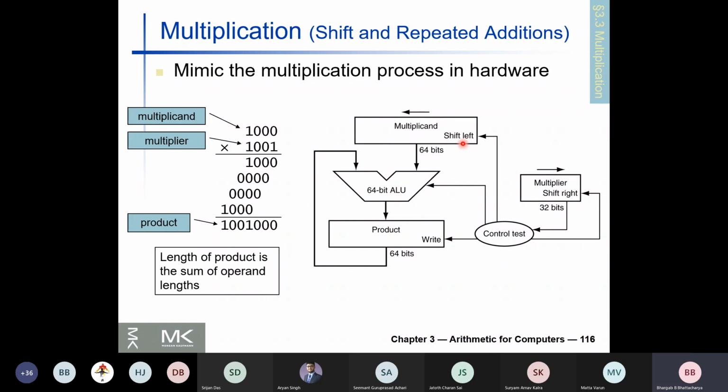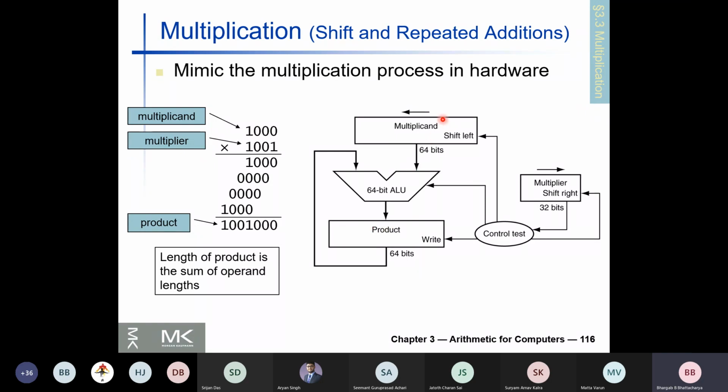So first of all, let me ask you, why do you need this? Why is this multiplicand 64-bit wide? Because we have assumed that both multiplicand and multiplier are 32-bit. So why is this 64-bit wide? The product term, the result, has to be 64-bit, right? So the final product will be saved here, that's fine.